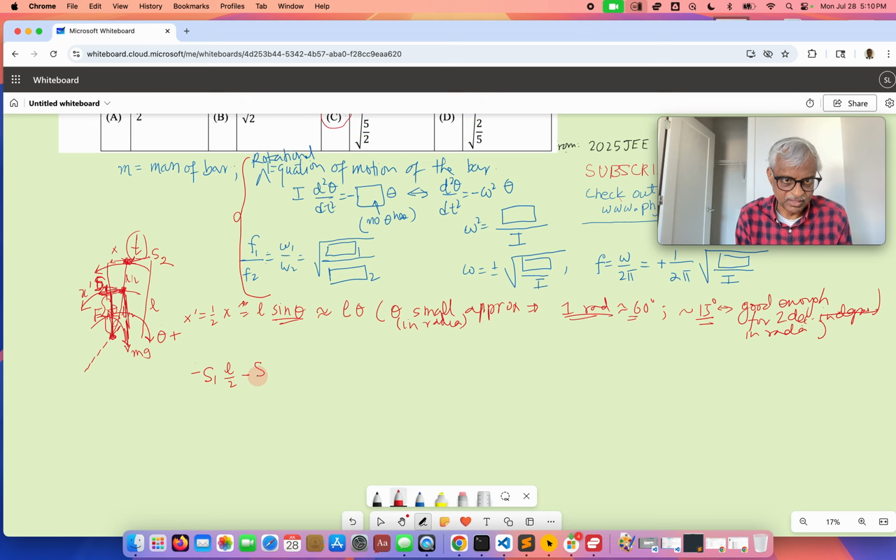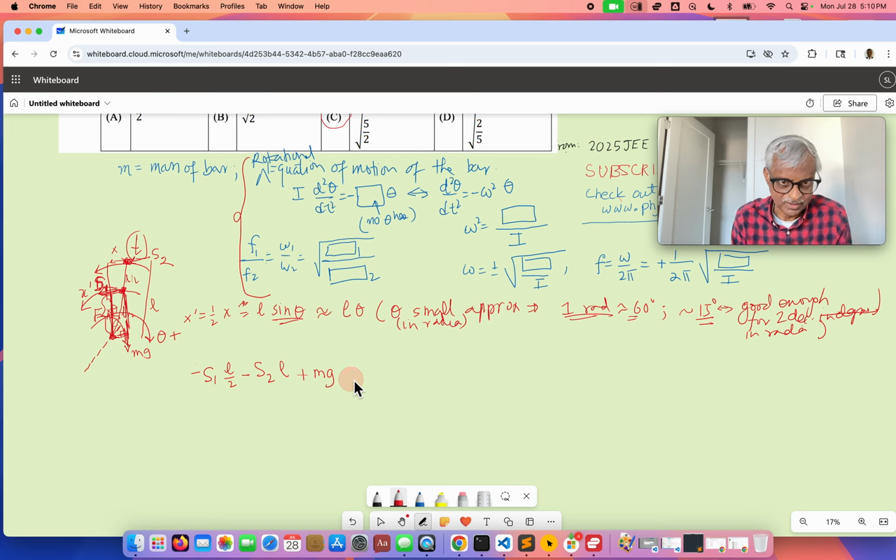And similarly S2 L. So these are the springs, and then we have mg, but we're saying this angle is so small, mg is actually hitting this guy here. So this is the lever arm. Lever arm is going to be x.